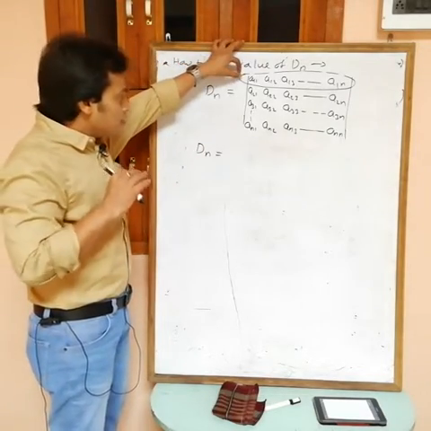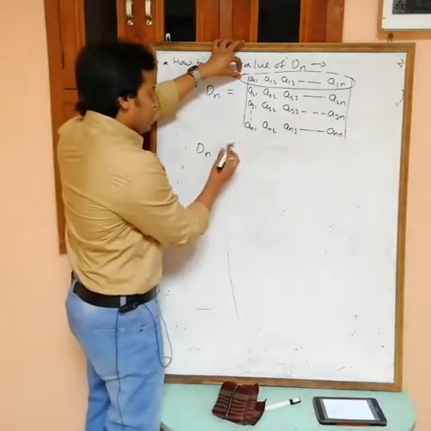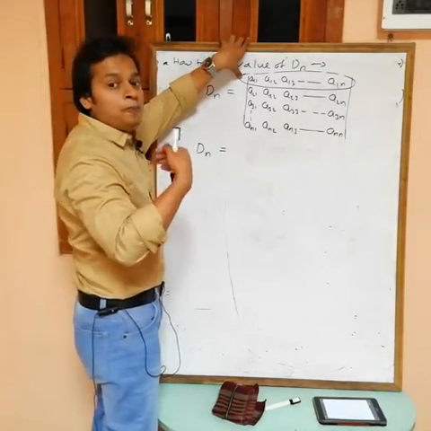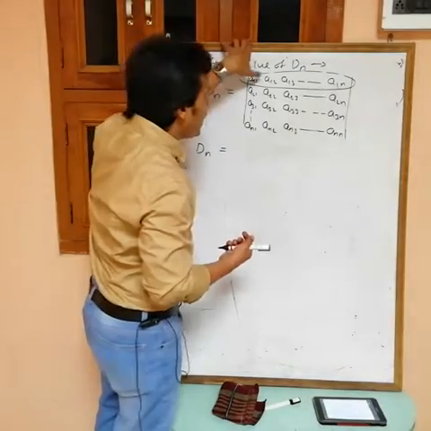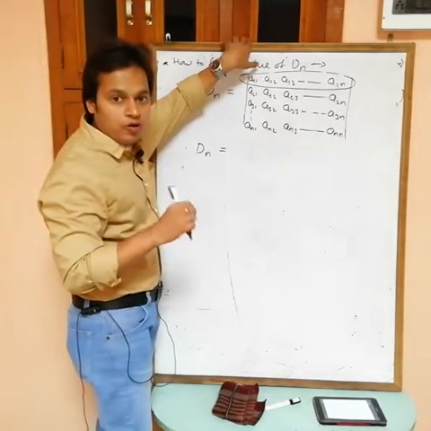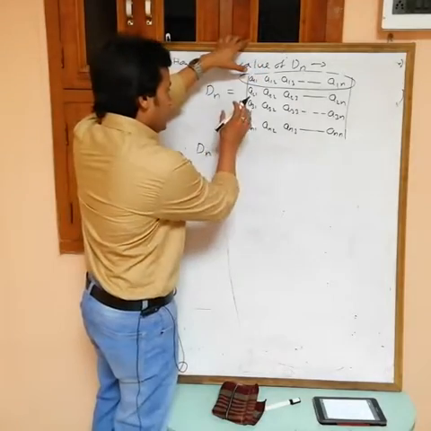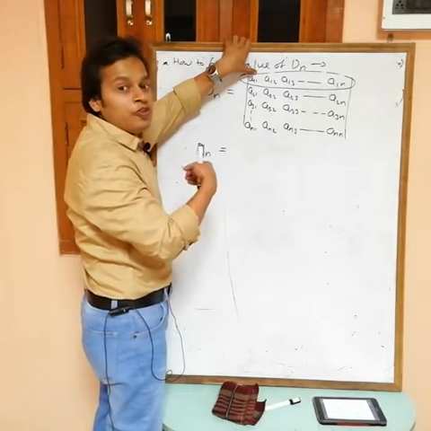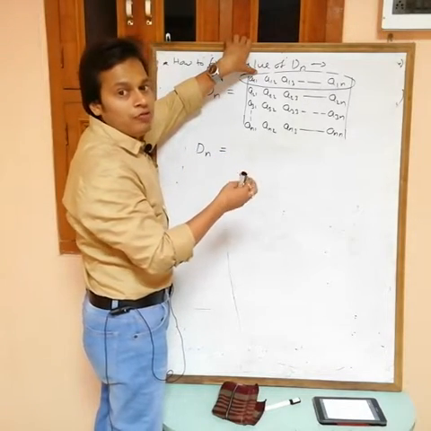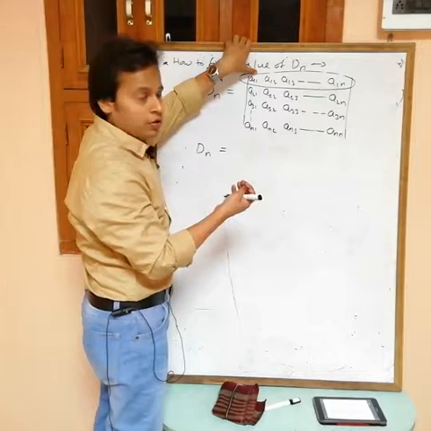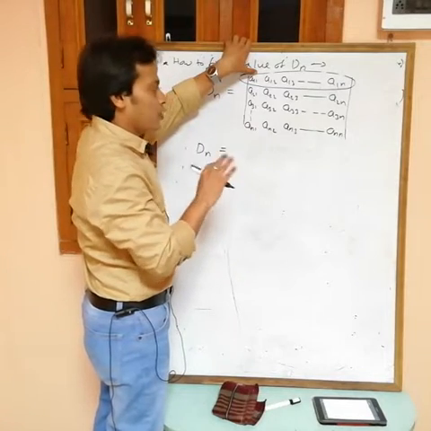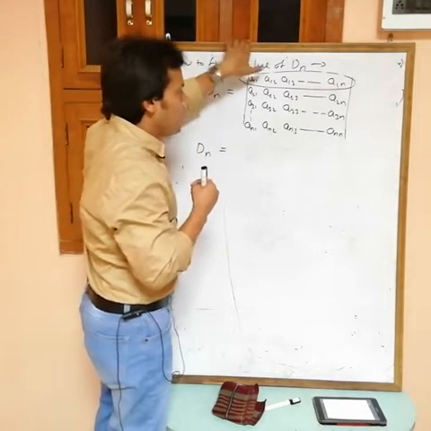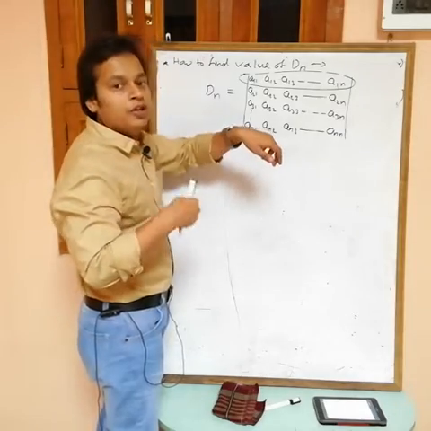If you are selecting the first row, then the value of this determinant is the sum of the product of these elements with the corresponding cofactor. It means the value of determinant is equal to the sum of the product of the elements of any one row or any one column with the corresponding cofactor.